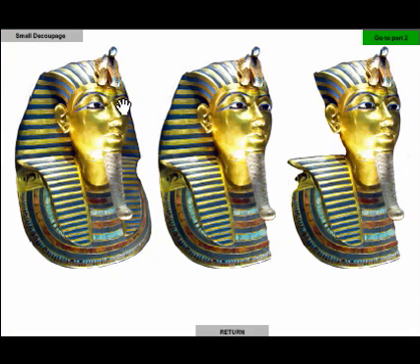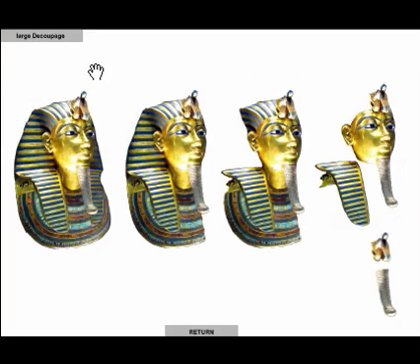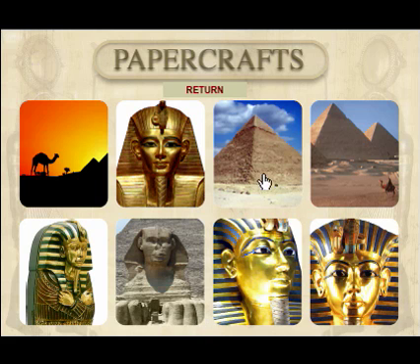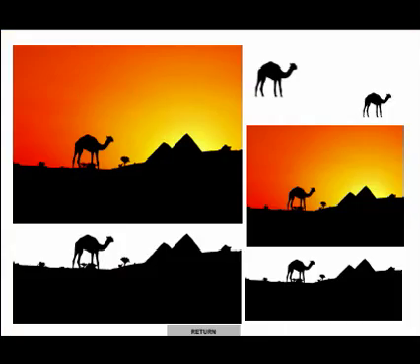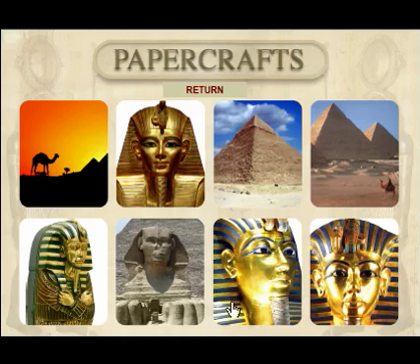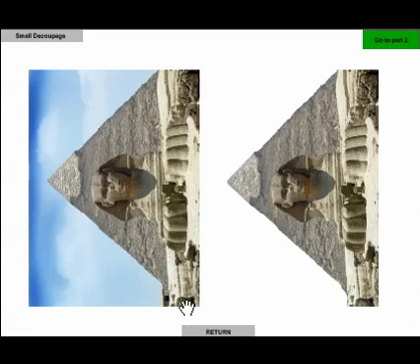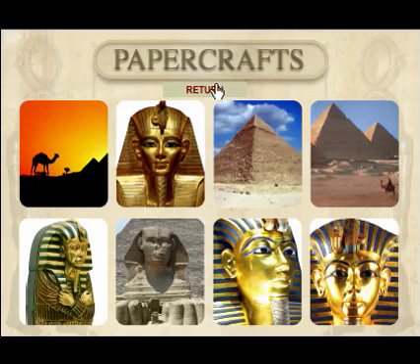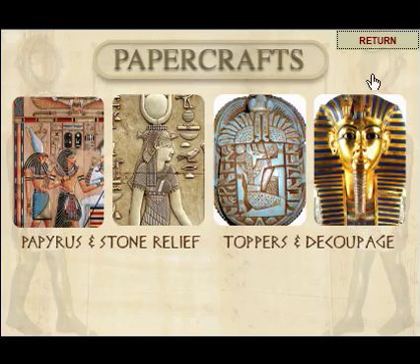We have King Tut. No card would be complete without him on there, and they come in both large and small. It's on the return key. So really this is just concentrating on just elements which I think sort of sum up the Egyptian period. So very, very simple decoupage on there for you.